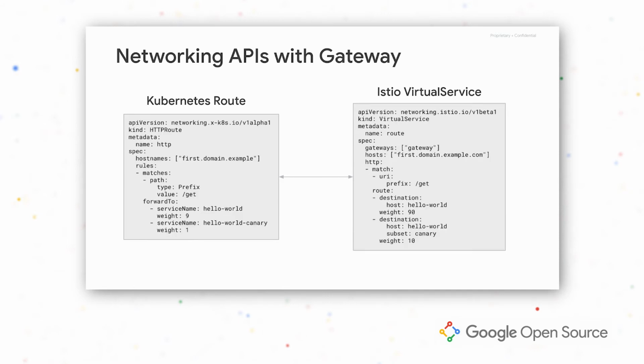Similarly, with the routing API, once again, very similar. On both sides, we have matching on a URL, and we can route to destinations with some weighting on which destination we go to, etc. So a lot of the functionality that's in Istio will become part of the core Kubernetes APIs.